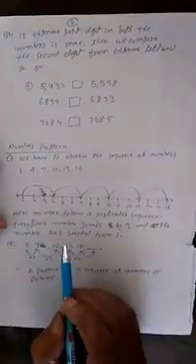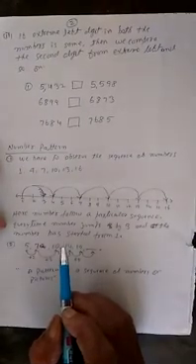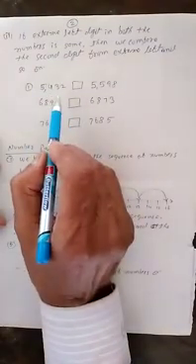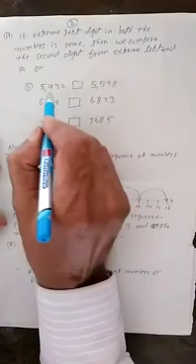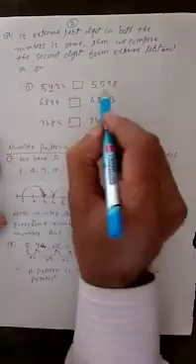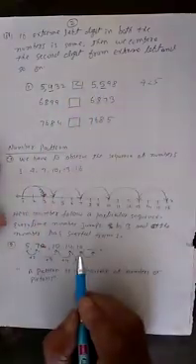Then by comparing the first digit we cannot decide which is greater and which is smaller. Then we have to compare the second digit from the extreme left, and always we have to compare from the extreme left. Here the second digit is 4, and here the second digit is 5. Here 4 is less than 5. Now the first number is less than the second number.